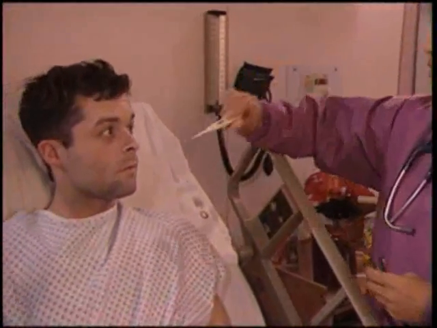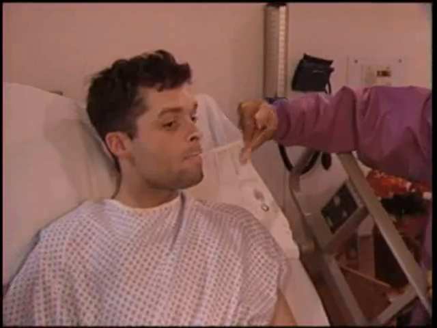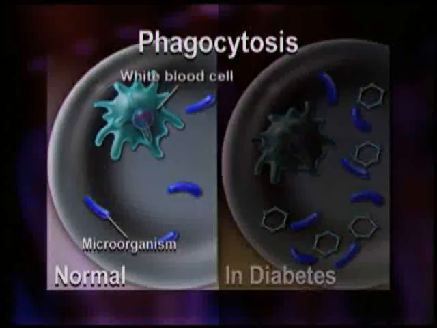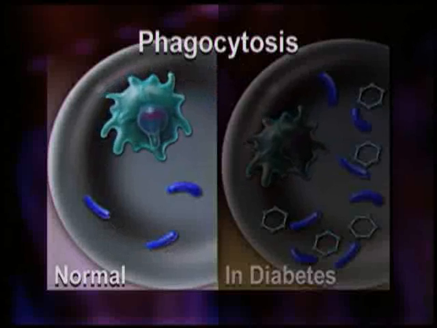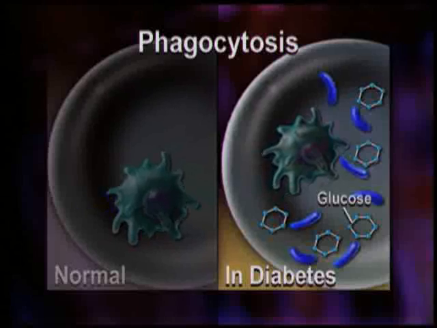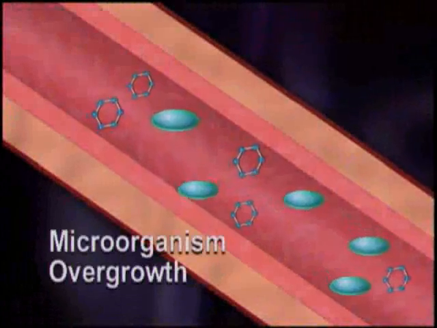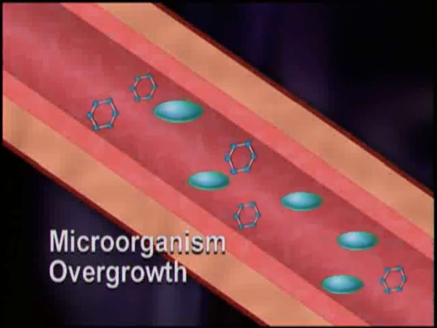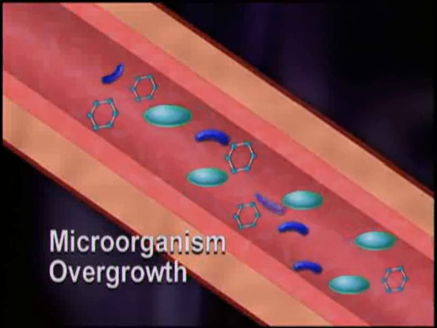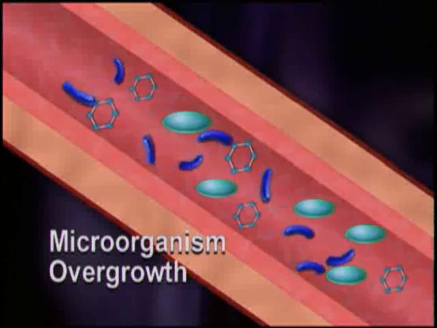No one knows exactly why diabetes increases the risk of infection. However, some experts believe that hyperglycemia impairs phagocytosis, which is microorganism destruction by white blood cells. Others believe that hyperglycemia and acidosis lead to infection by creating an environment that promotes microorganism overgrowth.